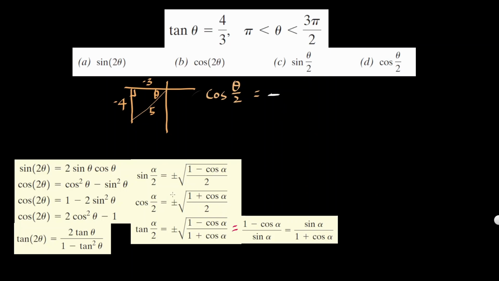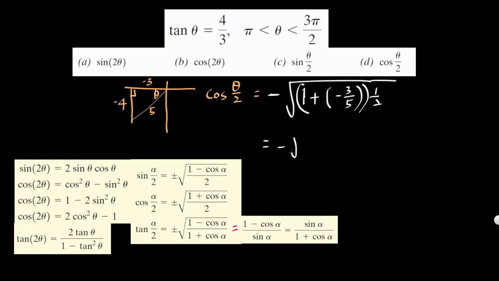And then we do the same thing here. Square root of, now it's 1 plus, not 1 minus, because we're doing half angle for cosine. 1 plus cosine of that theta, we're using that theta now in the third quadrant, is going to be negative 3 over 5, and then everything multiplied by 1/2. Okay? If that's not comfortable for you, just put it divided by 2. It's up to you.